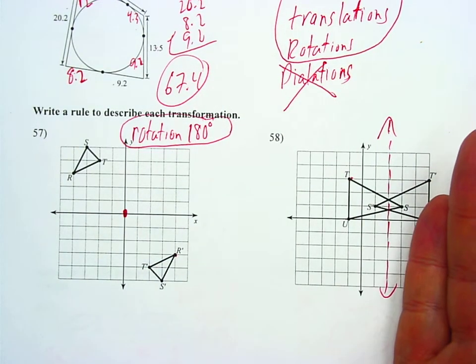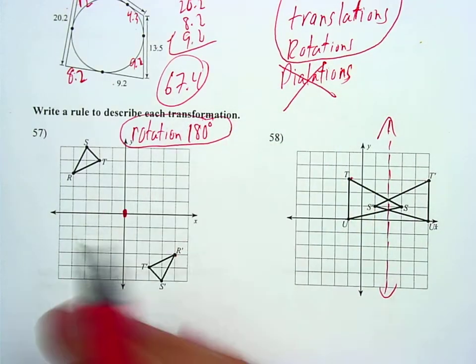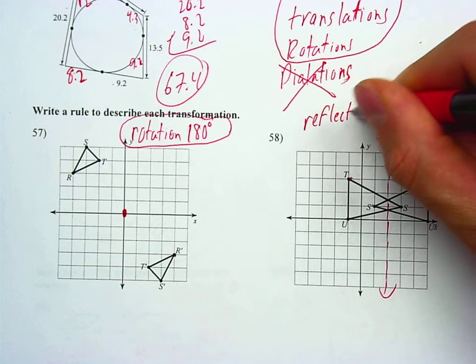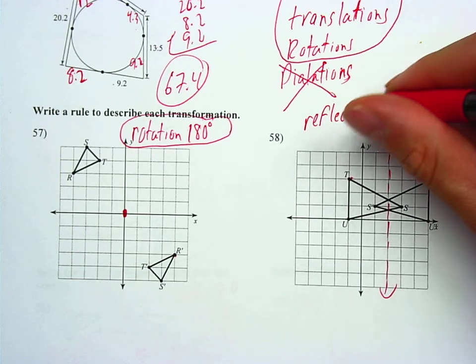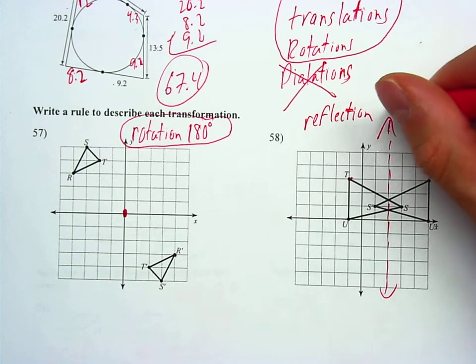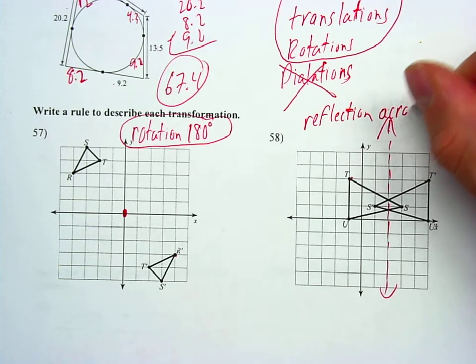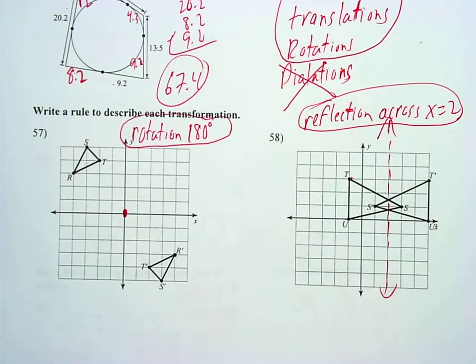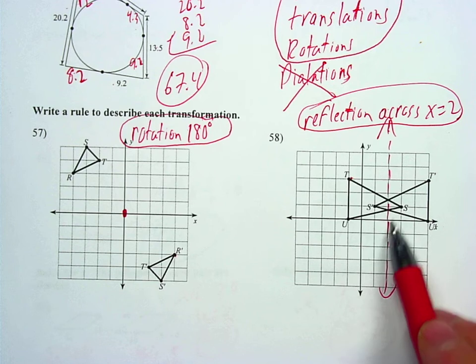T and U folded to the right, S folded to the left. So this is a reflection. And we could say on or across x equals 2, because that is my line of symmetry. This is x equals 2 because this line of symmetry is 2 to the right.